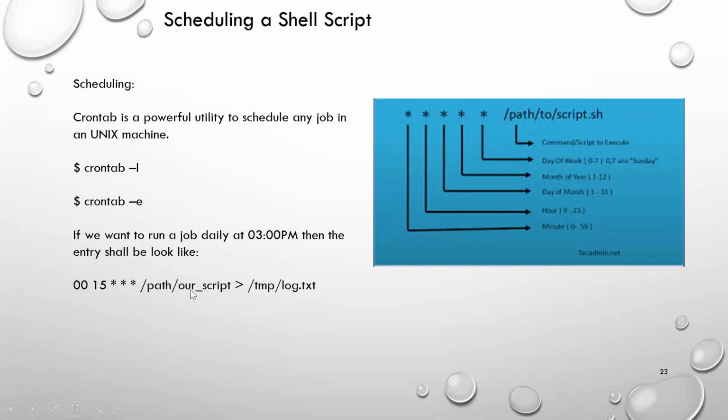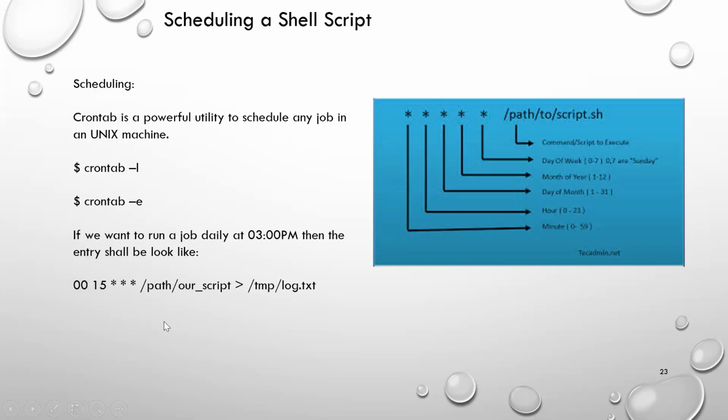This script would like to run on 00 minute, 15 hour, and that's all. It will be running every day. Using these stars, you can convert to any of these statements so that you can run in a specific way.